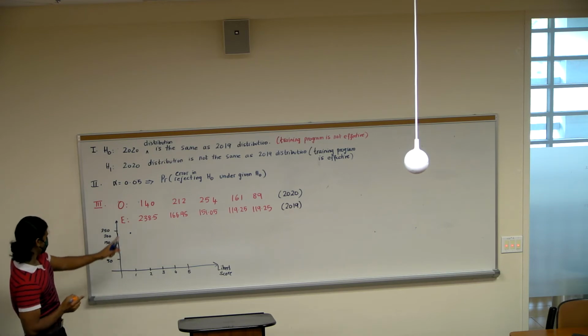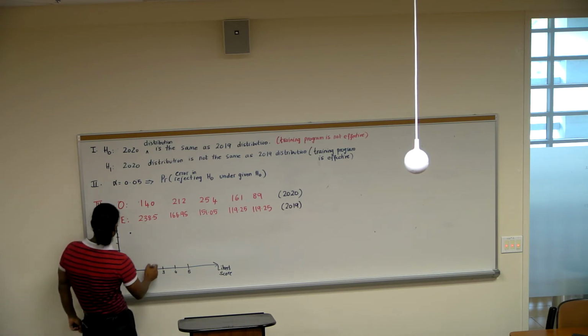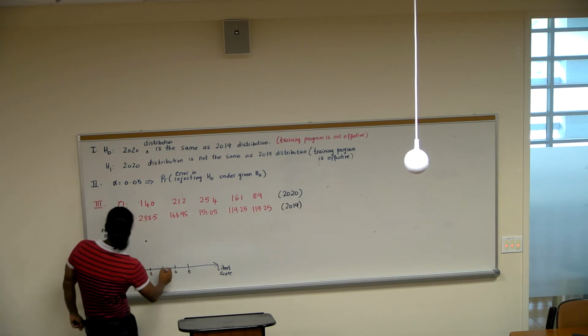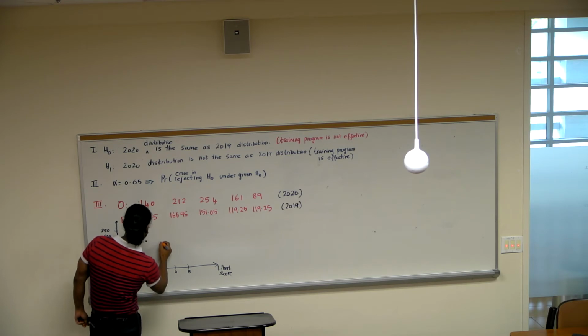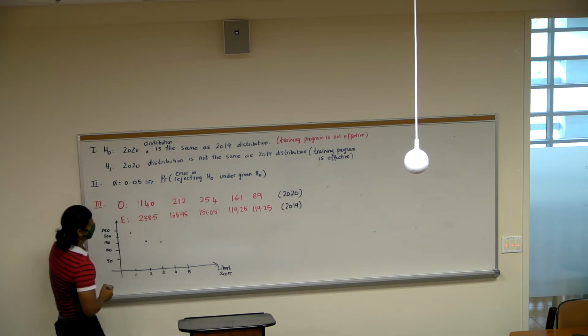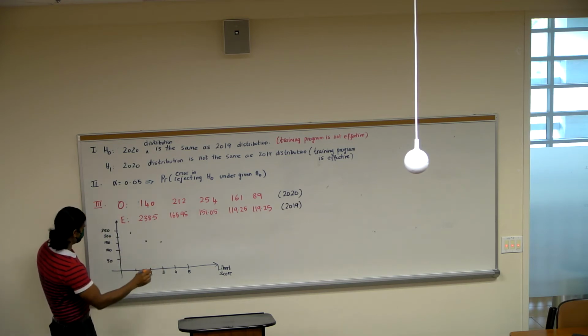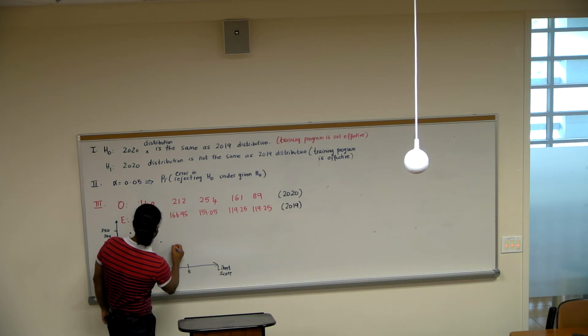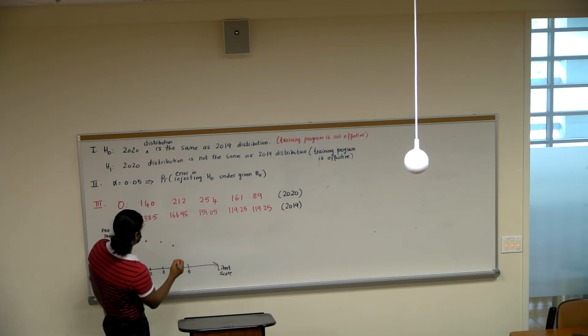For 2, it is 166. That's probably right there. For 3, it's 151, very close. And for 4, it's 119.25. And for 5, it's the same.